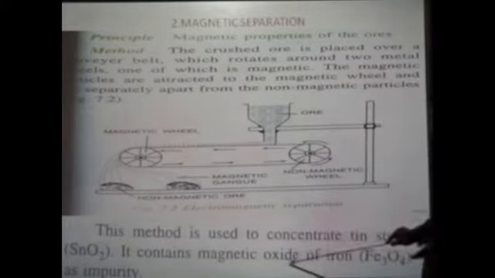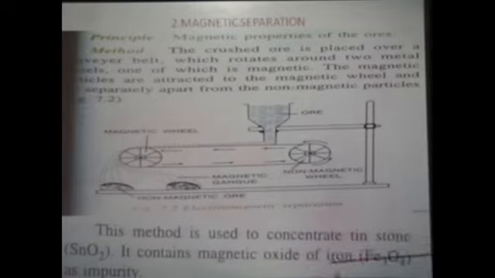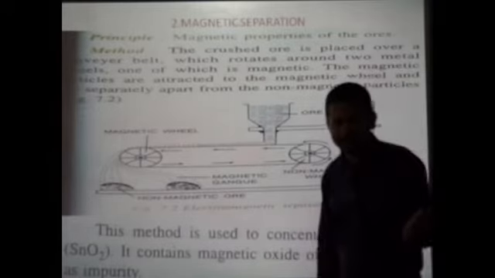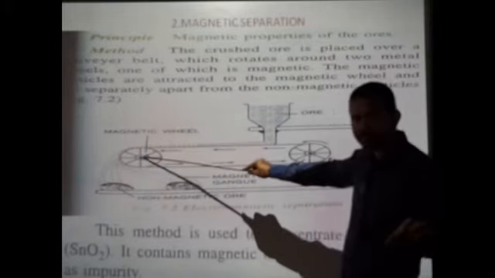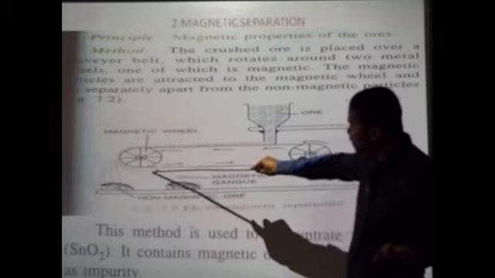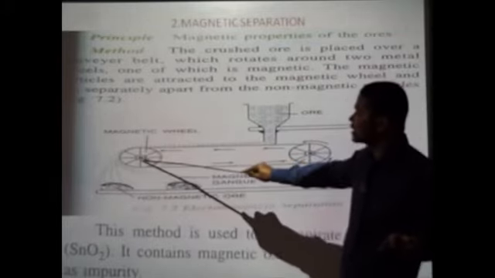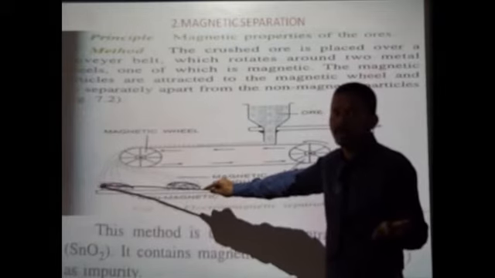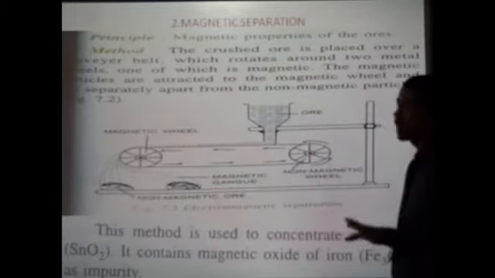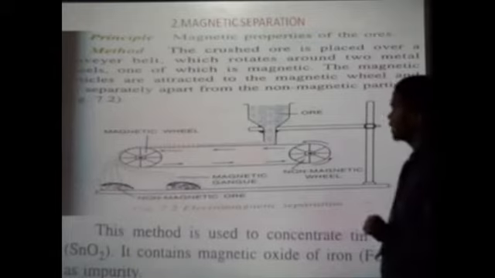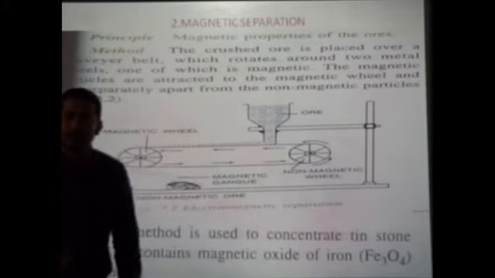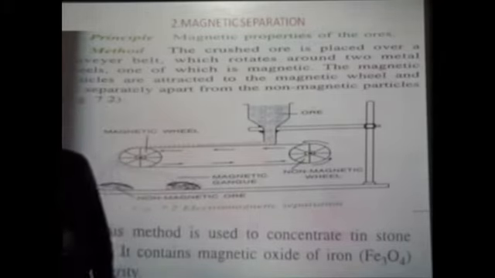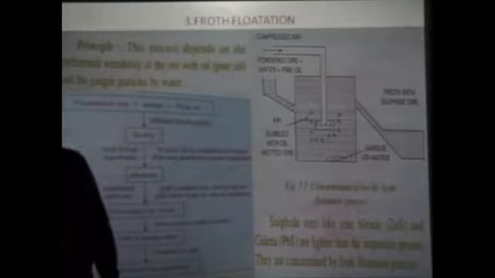So impurity has to be magnetic and ore has to be non-magnetic. Then we can use this process. Magnetic impurities will get attracted and non-magnetic ore will be thrown out. So this method is used for concentrating ore of tin where impurity is iron oxide.